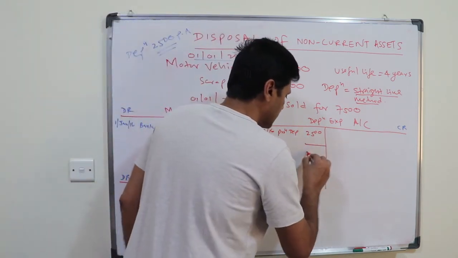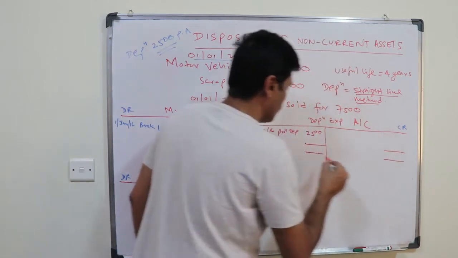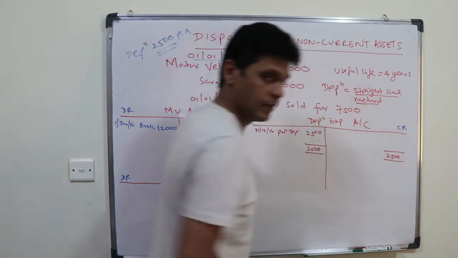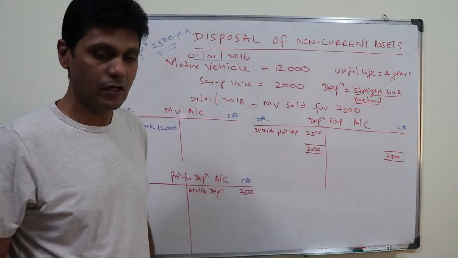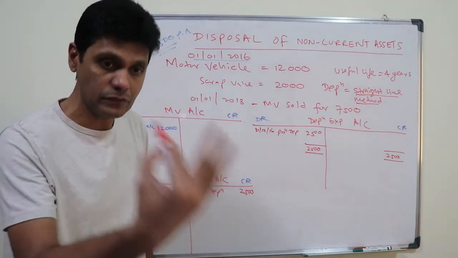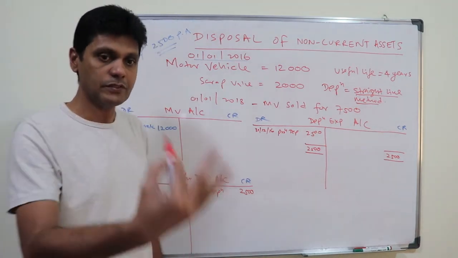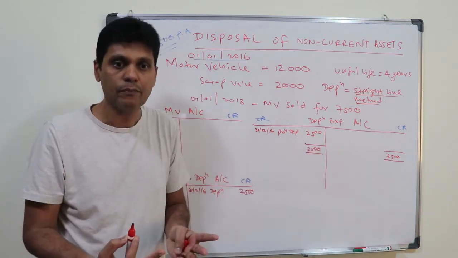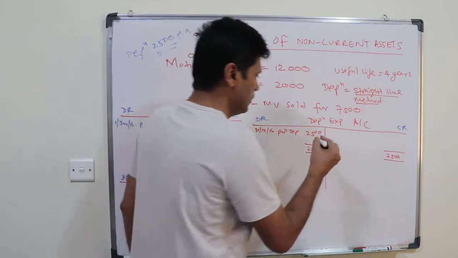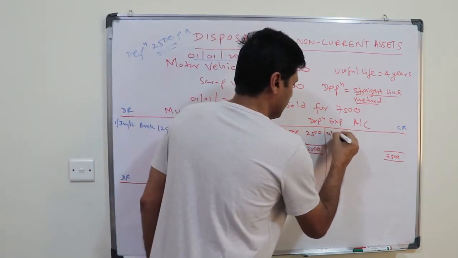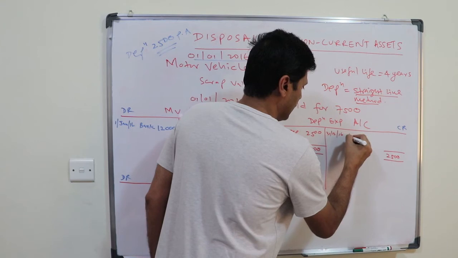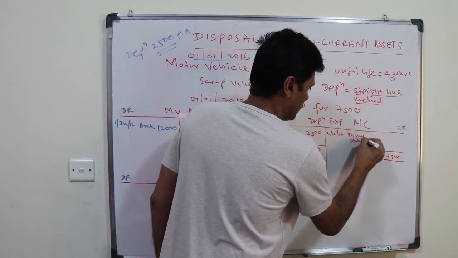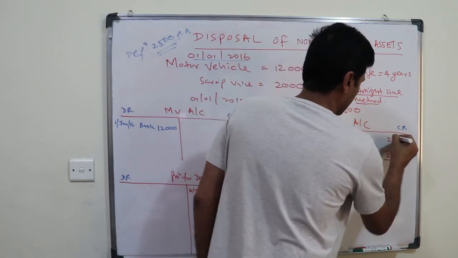So you need to balance this, no? 2,500, 2,500. Depreciation expense account will be transferred to the income statement. So the income statement will be debited and this account will be credited to calculate the profit. You understand? So this is the 31st December 2016 income statement, 2,500.